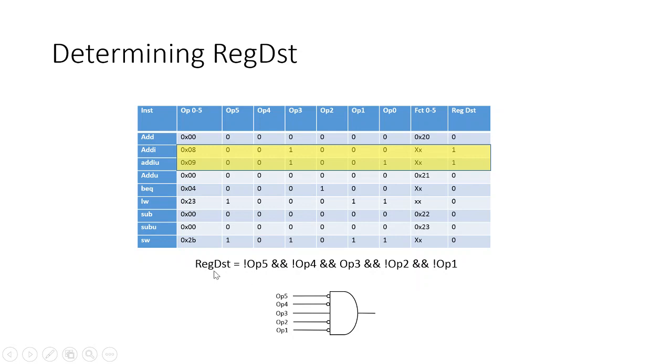The register destination, based on our truth table, and we do care about every one of these, there's no elimination here of don't cares, is going to basically be not op5 and not op4 and op3, not op2 and not op1. Well, that's both these cases which apply to the add immediate and add immediate unsigned.